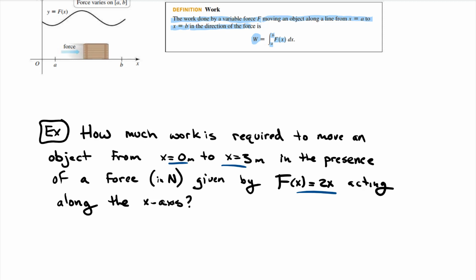So how much work is required to move an object from x equals 0 meters to x equals 3 meters? And this is what we're talking about, our position function, right? We're talking about the position. So we're assuming on maybe like an XY graph, we're going to start at x equals 0, and then we're going to go to x equals 3.